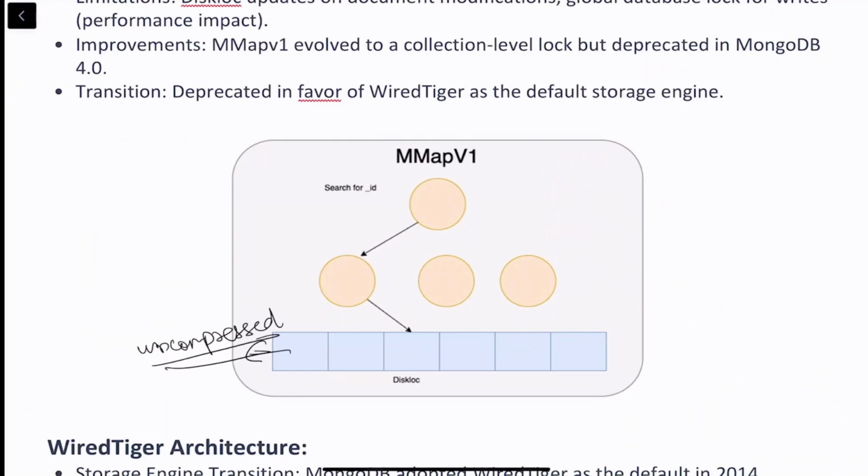Each document had its own disk lock, and it was identified by a 32-bit integer representing the file plus the offset.